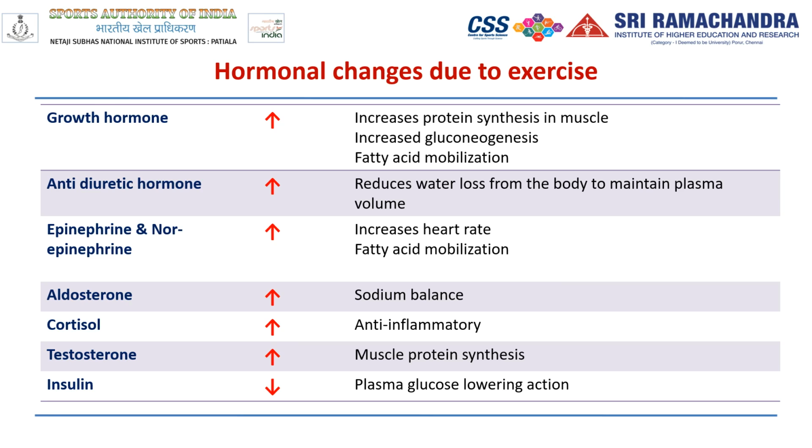So, now let us look at the hormonal changes due to acute exercise. Only the key hormones I have represented here. So, the growth hormone shows an increase, and the role of growth hormone during exercise is to increase the protein synthesis in the muscle, and it causes increased gluconeogenesis, that means formation of glucose from non-carbohydrate sources, and it also mobilizes the fat from the adipose tissue so that it acts as a glycogen sparing agent.